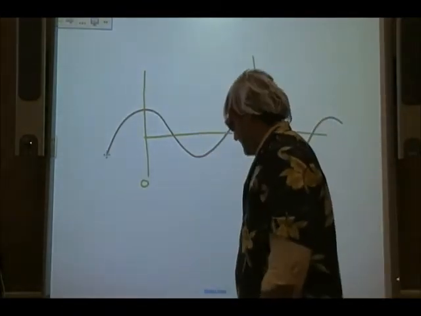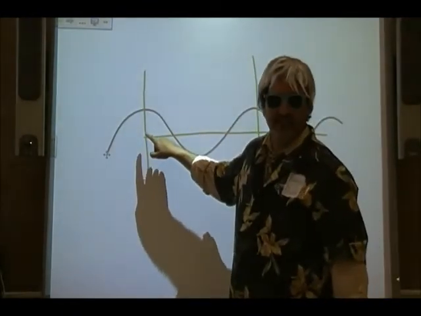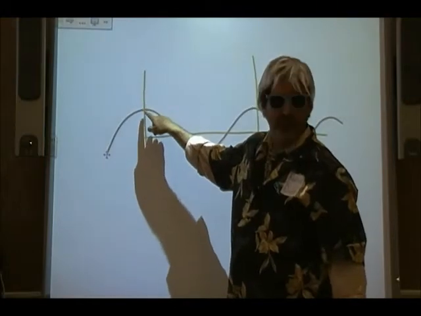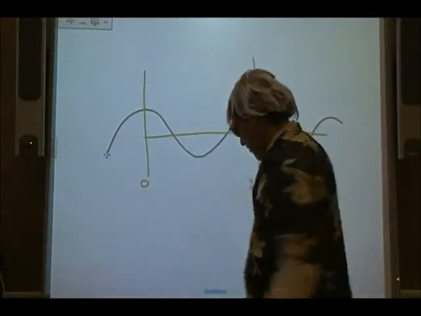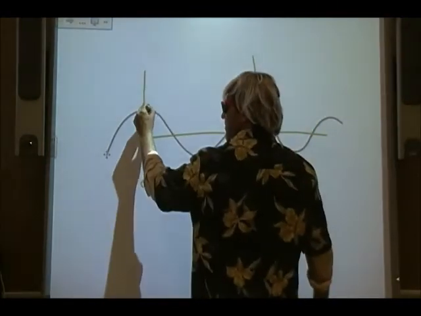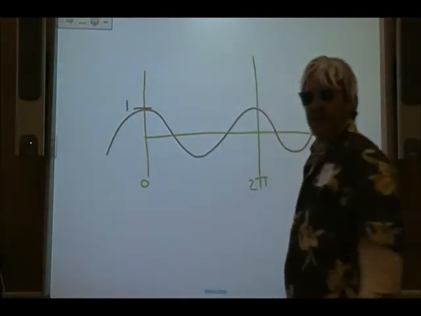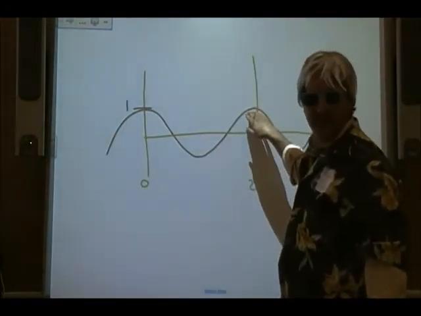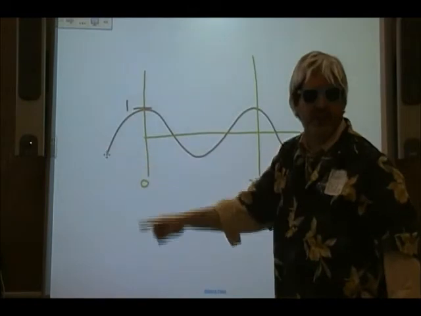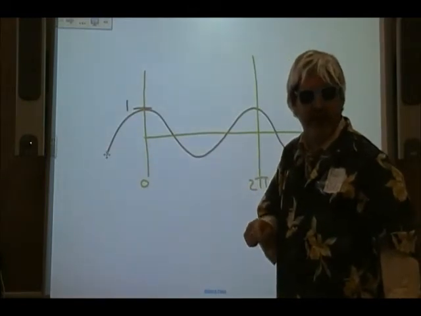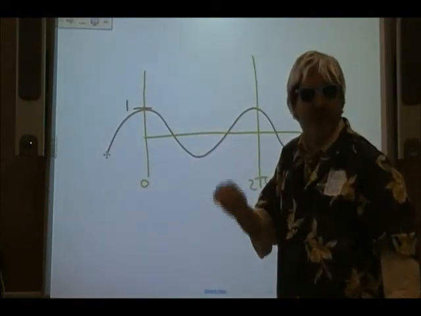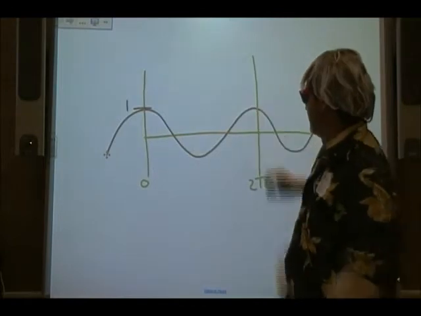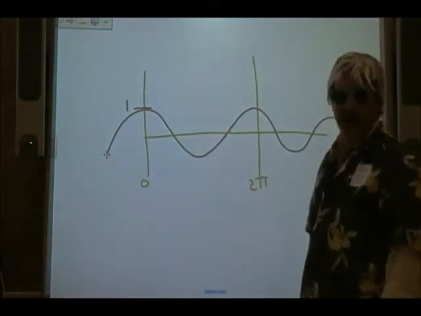As you can see, the cosine of 0 is 1, so this point right here is 1. That means when it finishes going all the way around from 0 to 360, you're back where you started from. We don't like to use degrees, we use radians. That 360 is the same as 2 pi.